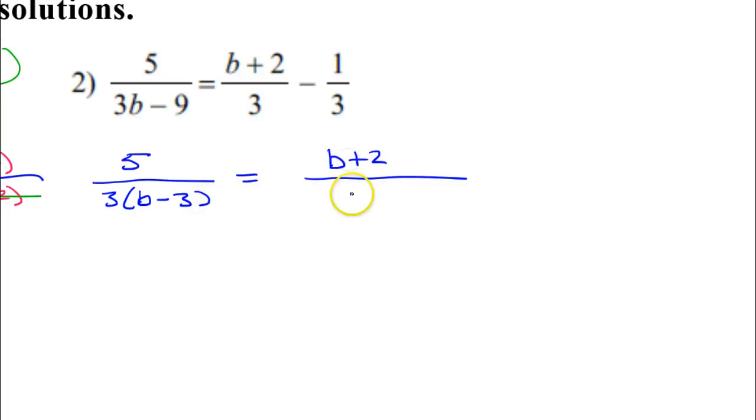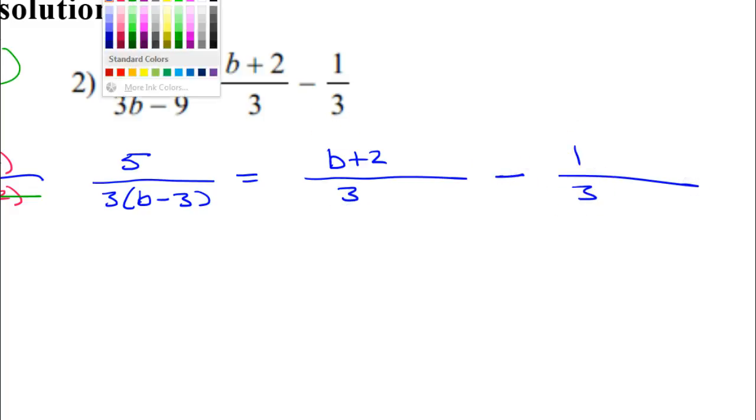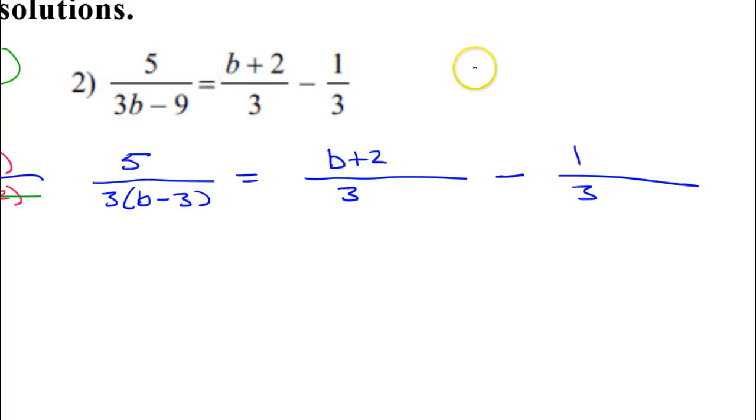And here I have b plus 2 over 3 minus 1 over 3. Real quick, b cannot equal 3. Alright, because of the b minus 3, setting that equal to 0 and solving. So watch out. Make sure that none of the solutions we get are 3.